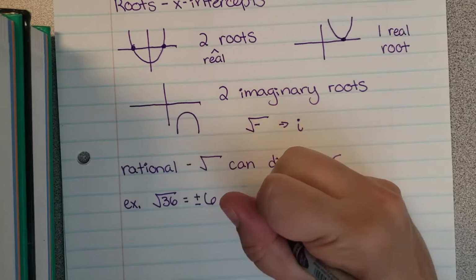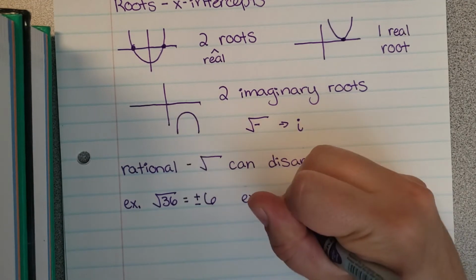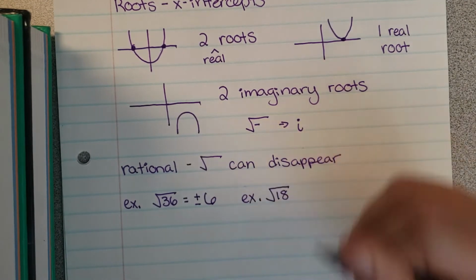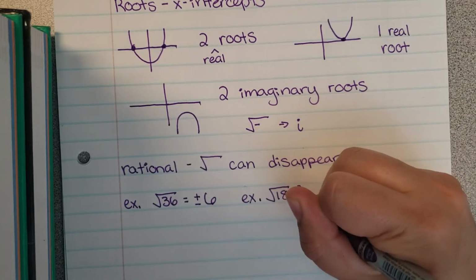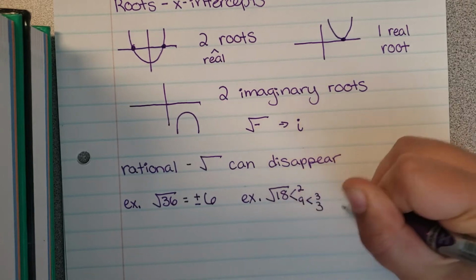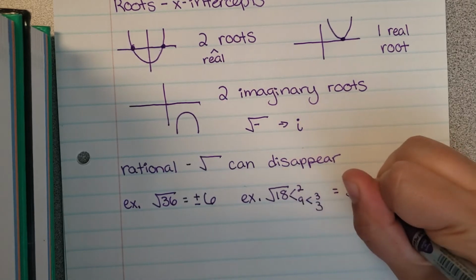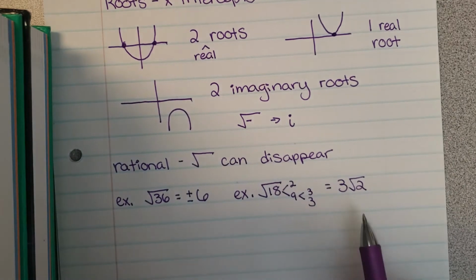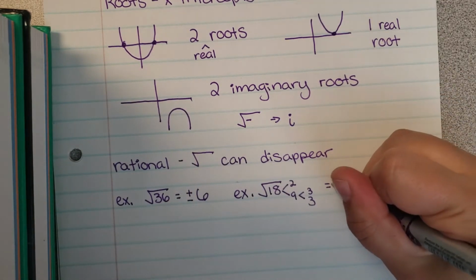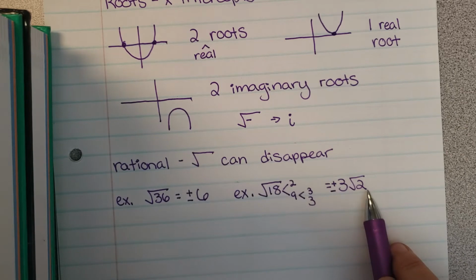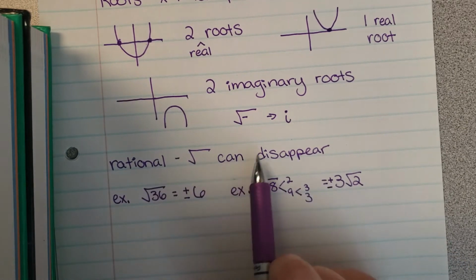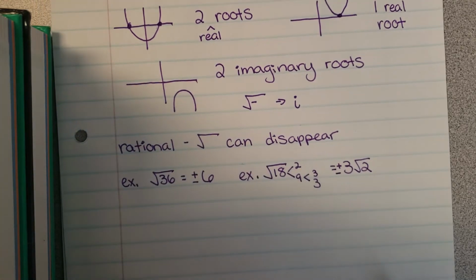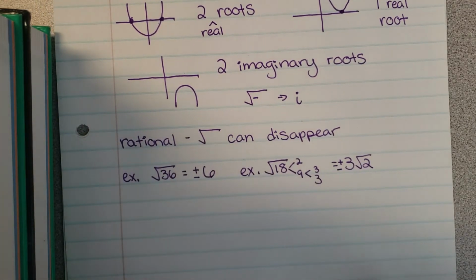However, the square root of 18 is irrational because if we split this up into 2 and 9, and 9 splits into 3 and 3, then we can rewrite this as plus or minus 3 radical 2. Since the radical doesn't disappear, this is irrational. So rational means that the radical can disappear. We can simplify it to make the radical go away. Okay, so this is just an aside. We need to keep this in mind for later.